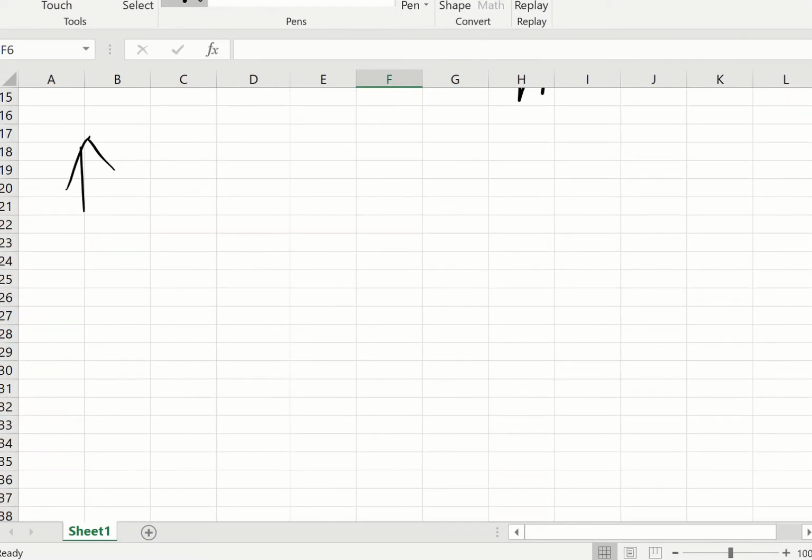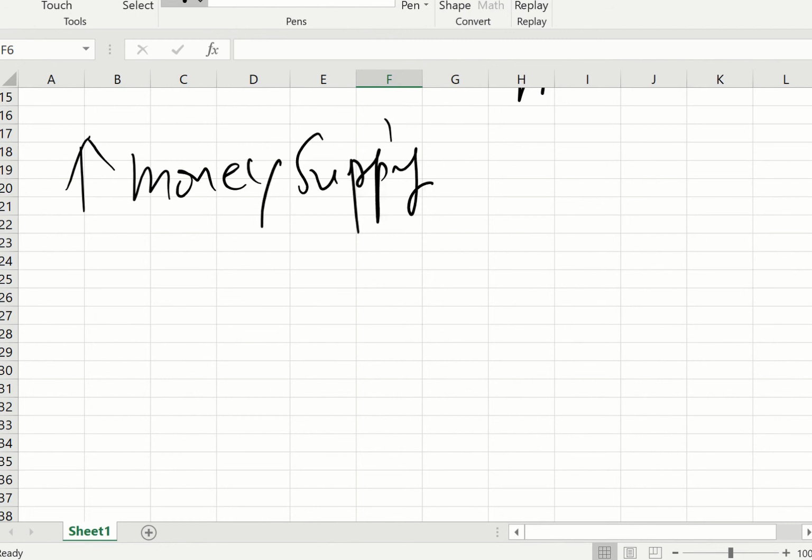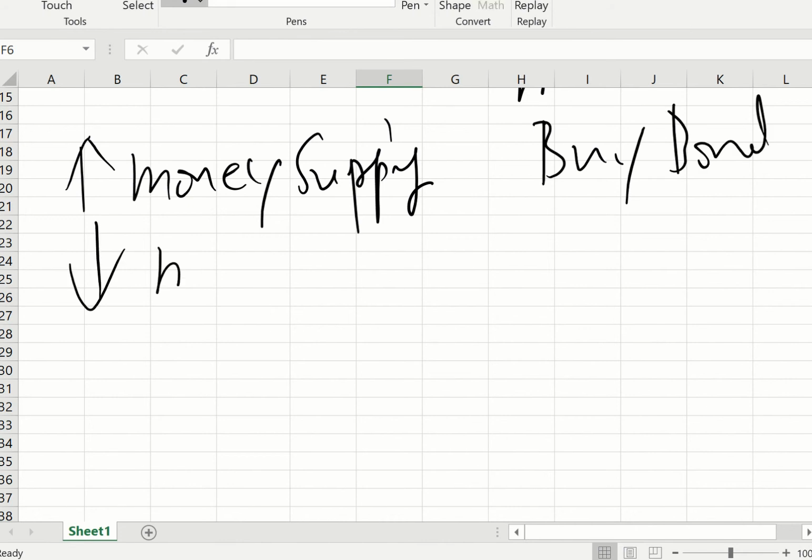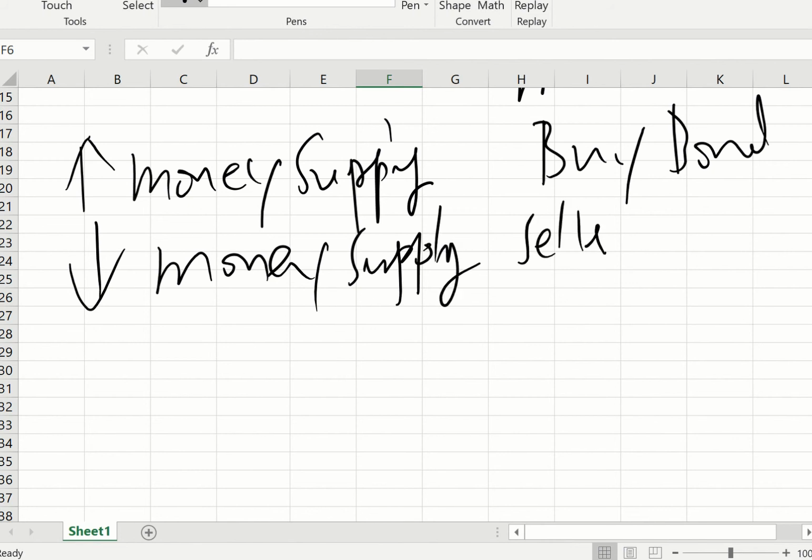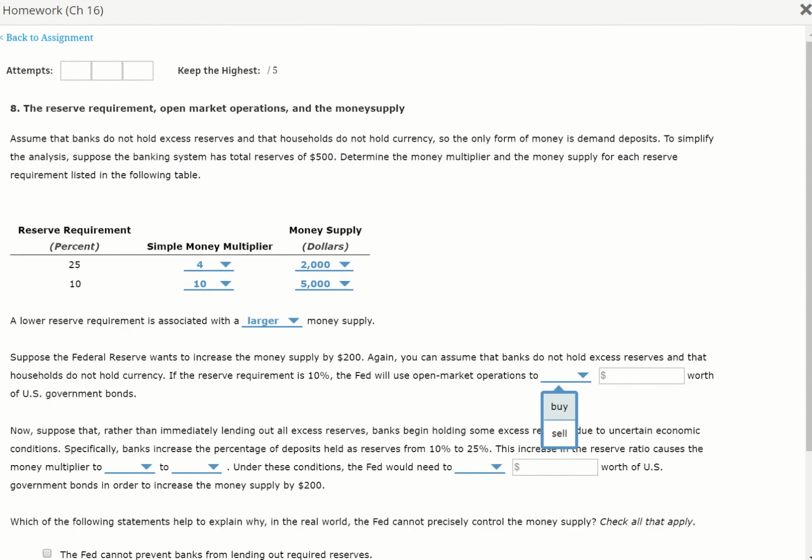To increase money supply, you're going to buy bonds. If you want to decrease money supply, the reverse of that, you sell bonds. So buy bonds, you increase money supply; sell bonds, you decrease money supply. In this case, we want to increase our money supply by $200, so we're going to buy bonds.